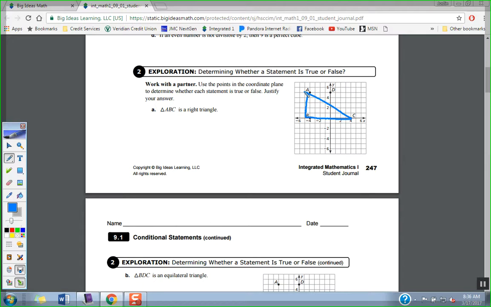Yes, it is. So is this statement true or false? True, because angle B would be how many degrees, kids? 90 degrees there. Okay, angle B would be 90 degrees. All right, make sure you've got that.